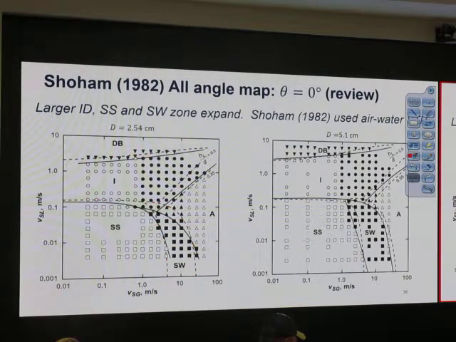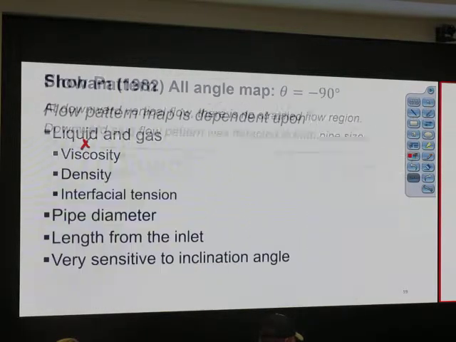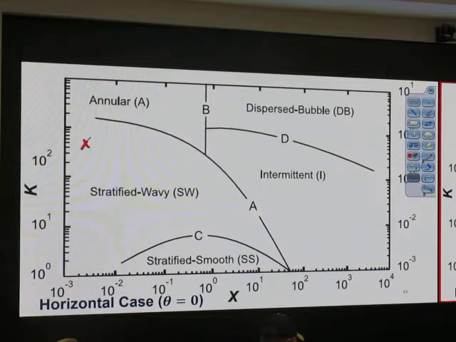So basically, the way that it works is we select one point, we use that chart, this kind of flow pattern chart, and we find out what is the flow pattern and we move on. We do every point so that we can tell what the flow pattern map looks like.